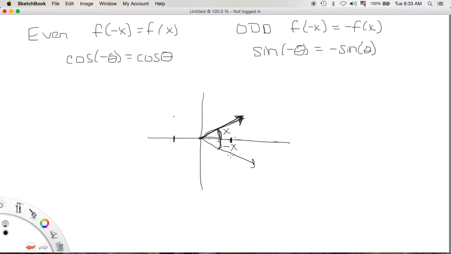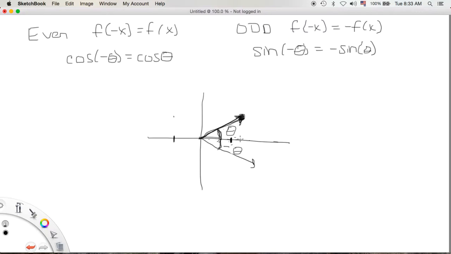Okay, so if we have these angles, theta and negative theta on our unit circle, we know that the cosine is the x-coordinate of the point it goes to on the unit circle, so these x-coordinates are going to be positive. So that means that they're equal. The cosine is equal whether you're using theta or negative theta.